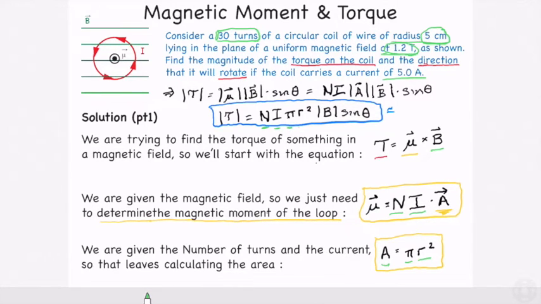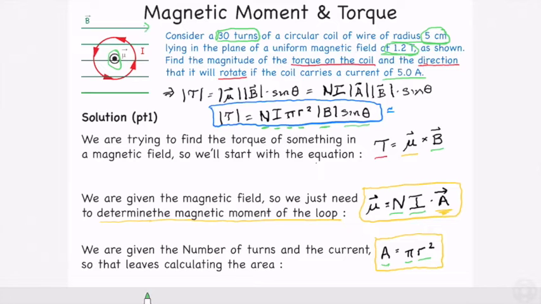Pi, we know, r is 5 centimeters, B is 1.2 Tesla, and the angle between the magnetic moment, which points straight out of the board because the area of the loop is in the plane of the page, so the perpendicular to that for the area vector points straight up at us out of the page.